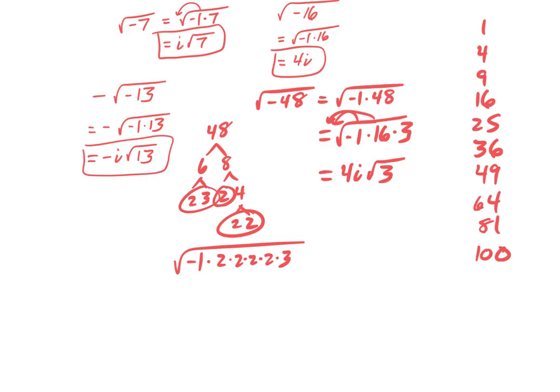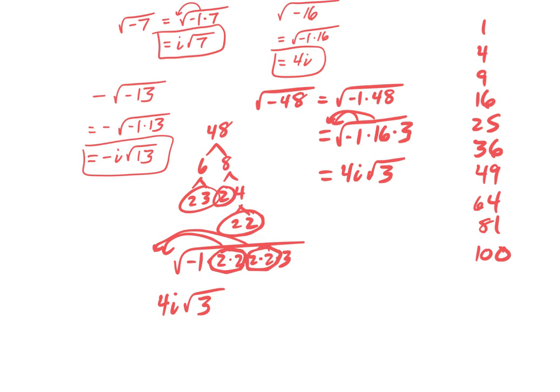You guys kind of remember doing it this way too, with the factor tree and the prime factorization? We're looking for pairs. What do I have pairs of when I do that? You don't need a pair for -1, but we have 2 pairs of 2s, right? So we're going to bring out this 2, and this 2. And 2 times 2 becomes 4i radical 3.